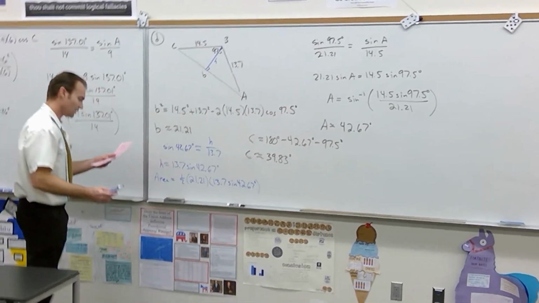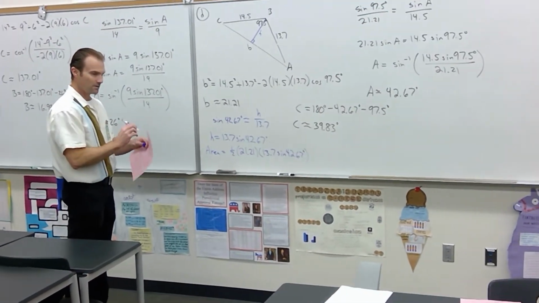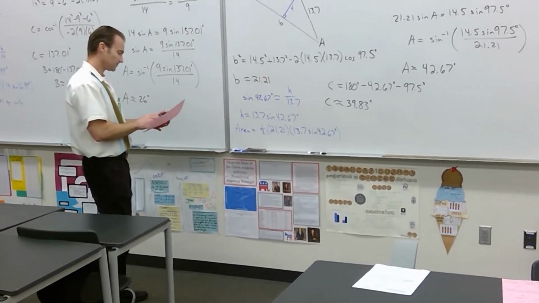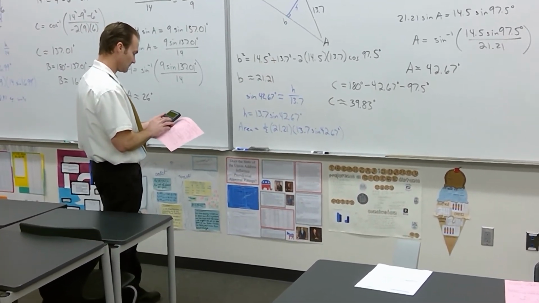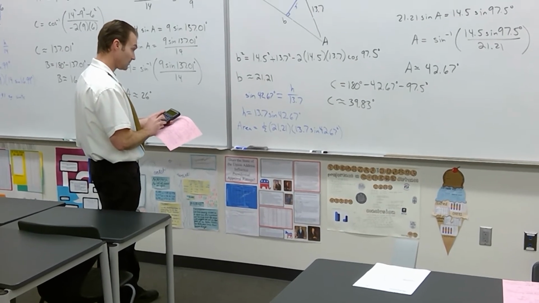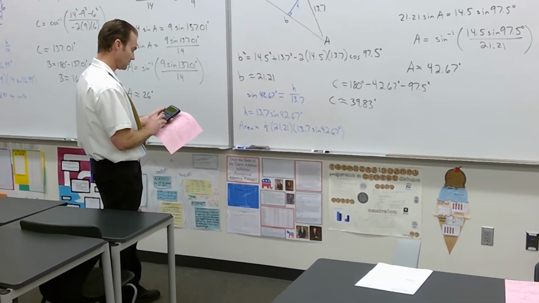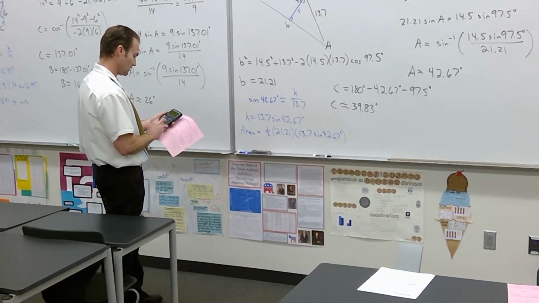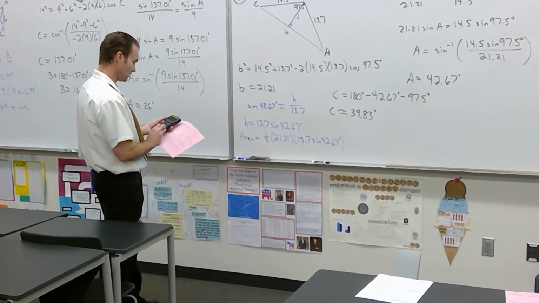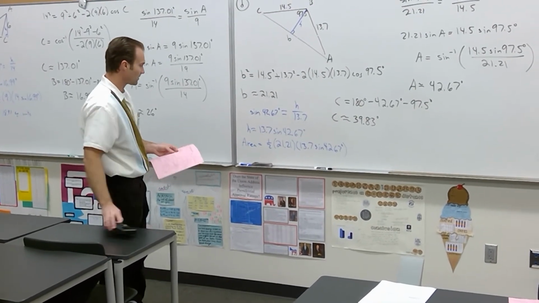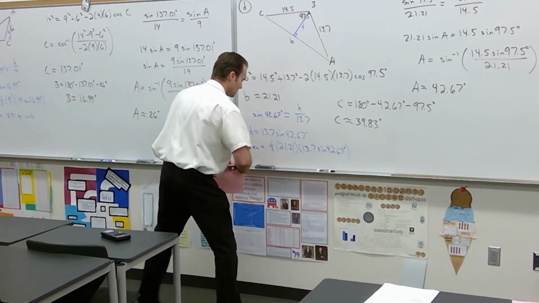And again, I think Mr. P forgot to do that, so we got the calculator. .47 approximately square units.